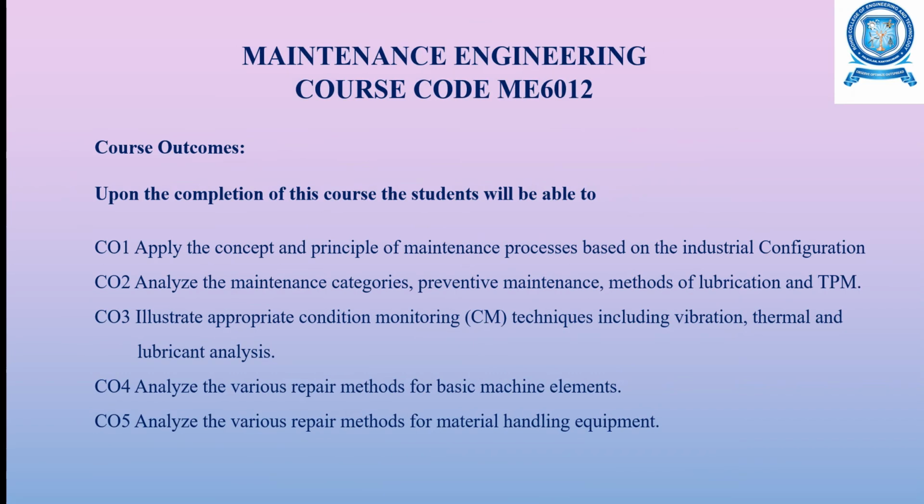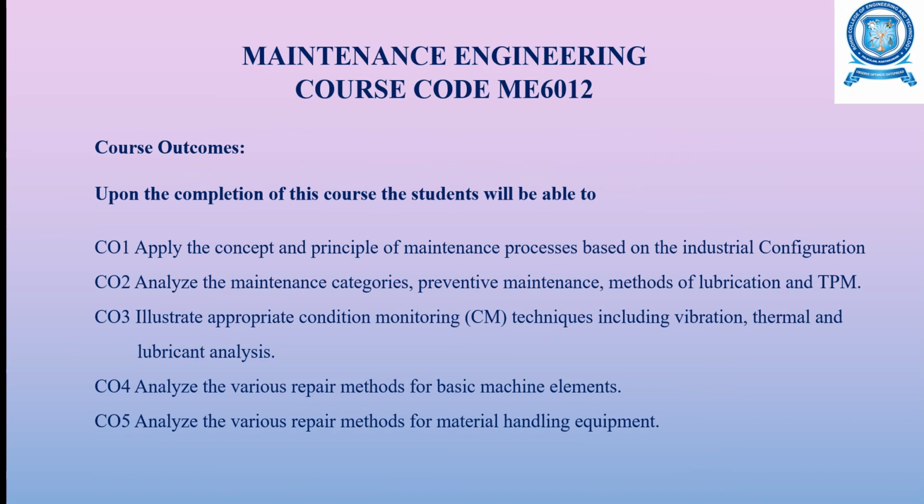And coming to the course outcomes, upon completion of this course, the students will be able to apply the concept and principle of maintenance processes based on the industrial configuration from Unit 1, and analyze the maintenance categories, preventive maintenance, methods of lubrication, and total predictive maintenance upon completion of Unit 2.